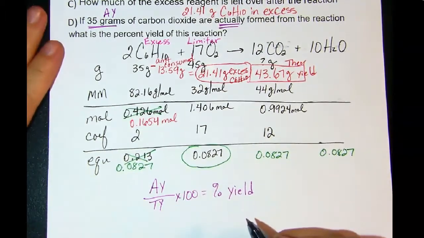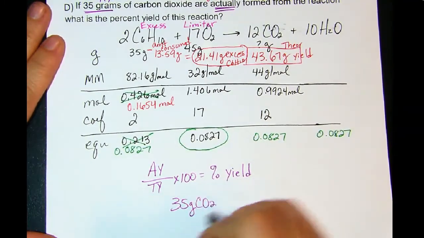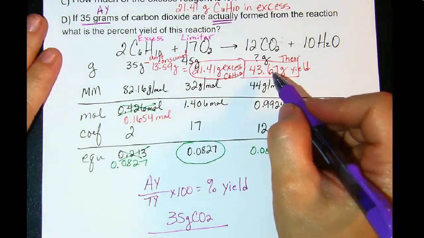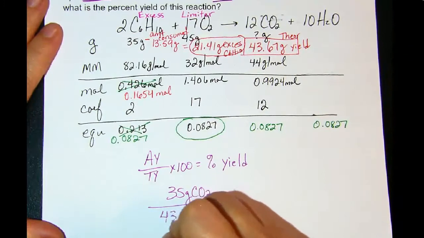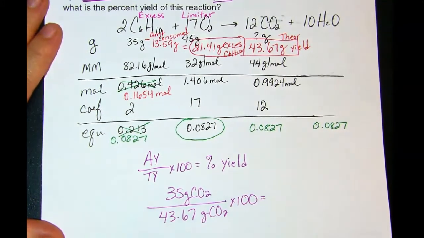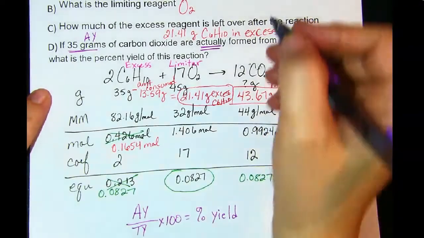So in this case, the actual yield is 35 grams of CO2 divided by the theoretical yield, 43.67 grams of CO2, times 100, and we get a percentage of 80.15%. And that is the answer to letter D.